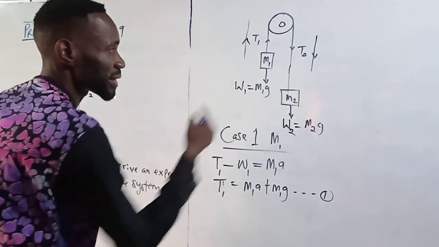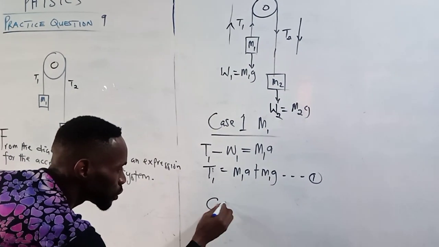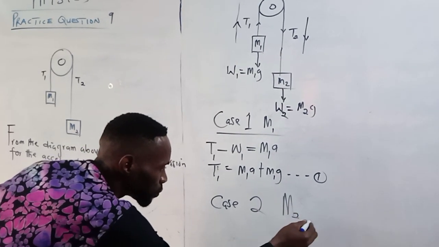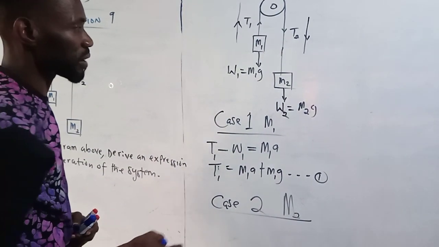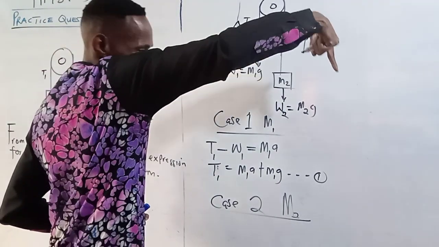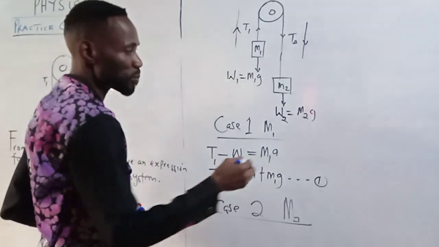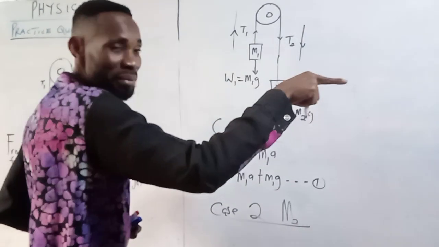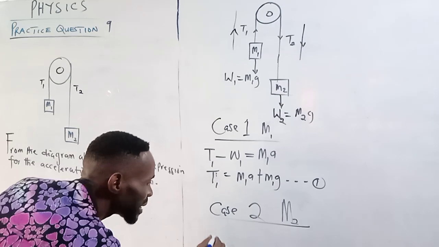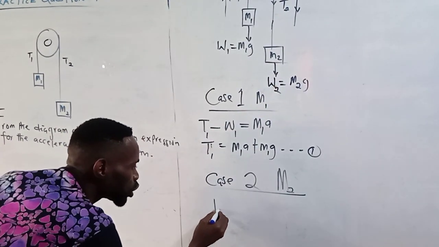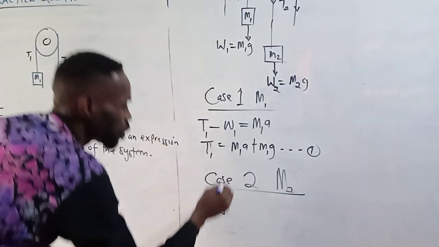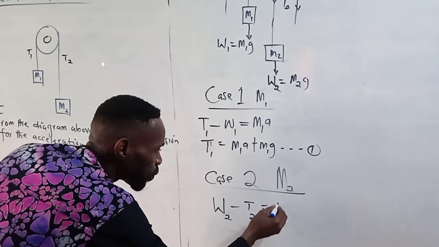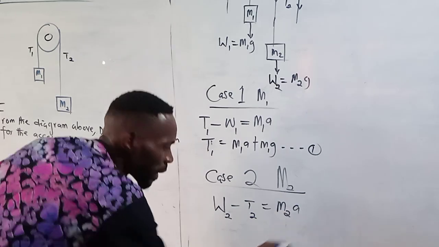Now let's consider the second mass, case 2. Case 2 now, we are considering M2. Considering M2 here, look at the body is accelerating downward. It means that the weight minus the tension will be equal to mass times acceleration. So we'll have W2, which is pulling down, minus T2, will be equal to M2A.